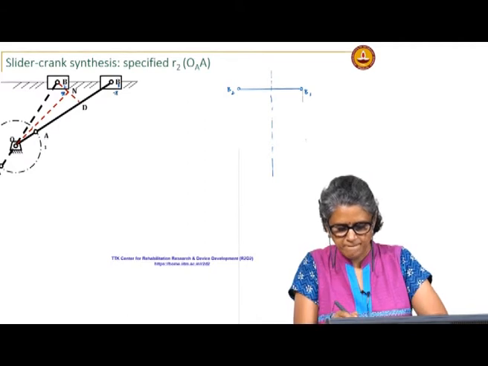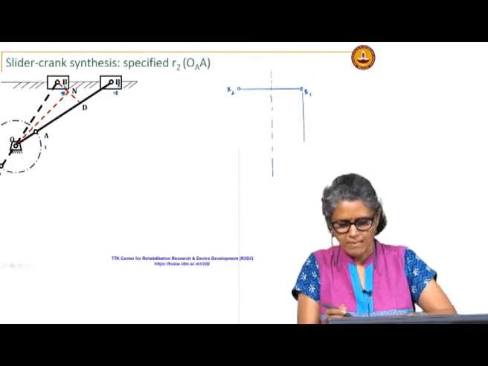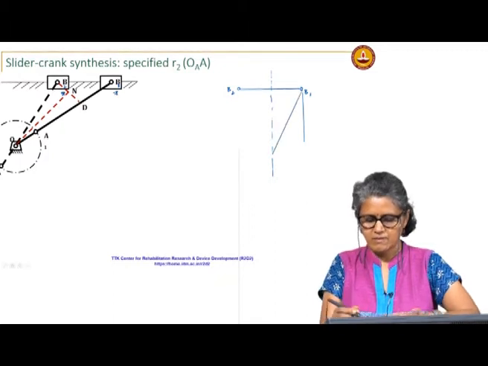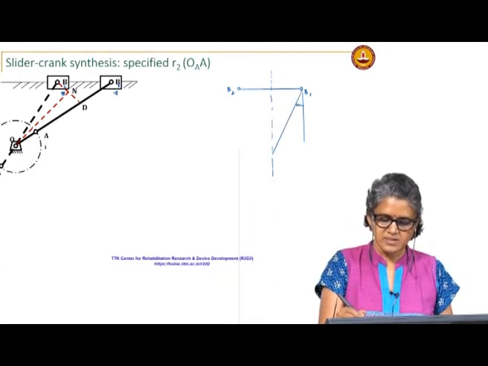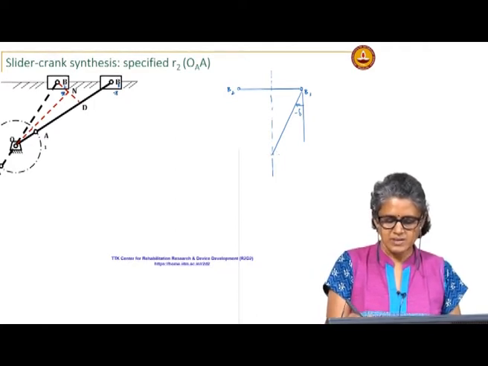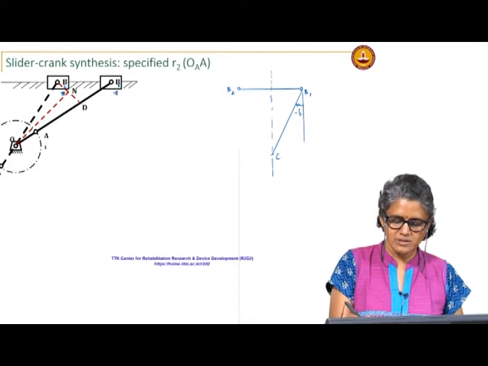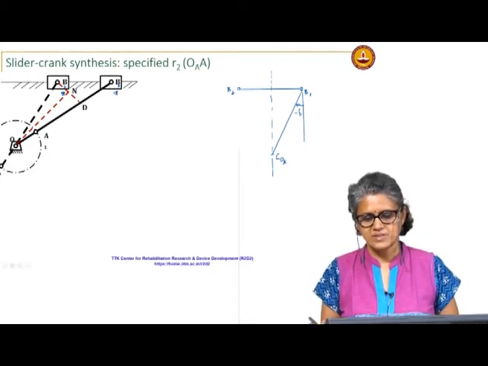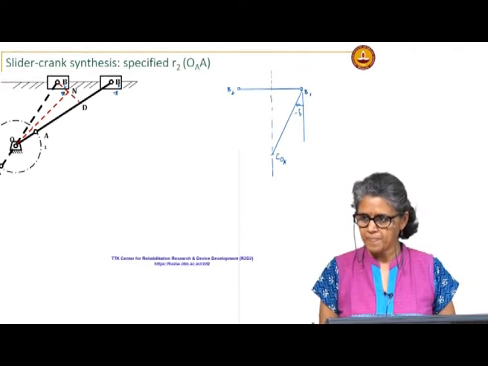So if I take minus delta from here, this will give me the location of the center of the circle on which OA lies, just like earlier.